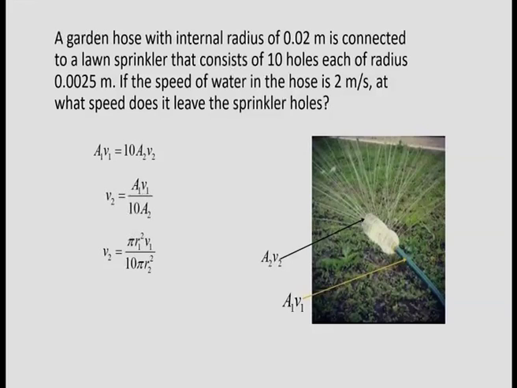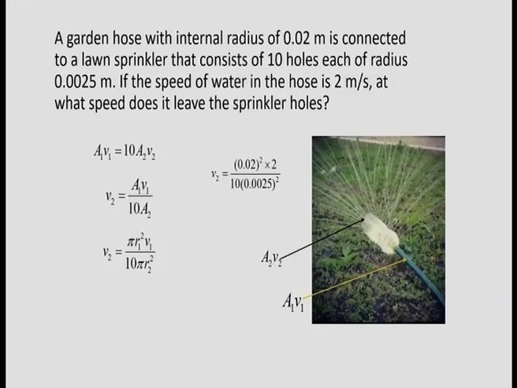So now area A1 and A2, it is a pipe, so it will have a circular dimension, which means the area of a circle. So area of a circle, you know, is pi r square. So let us take the radius of the pipe to be r1 and the radius of the hole to be r2. So we are replacing A1 by pi r1 square, A2 by pi r2 square. Now pi and pi will be cancelled and we will substitute the values.